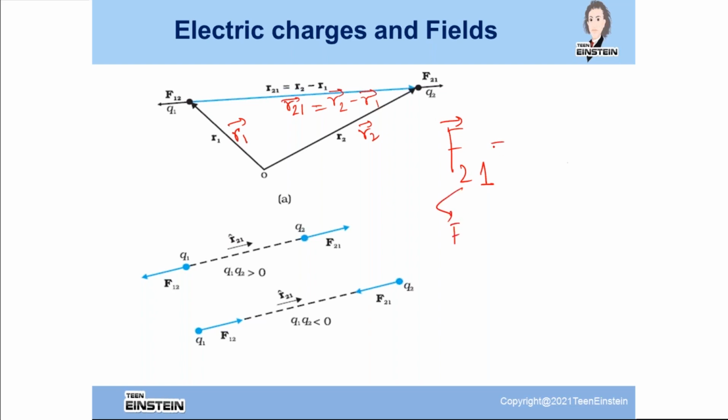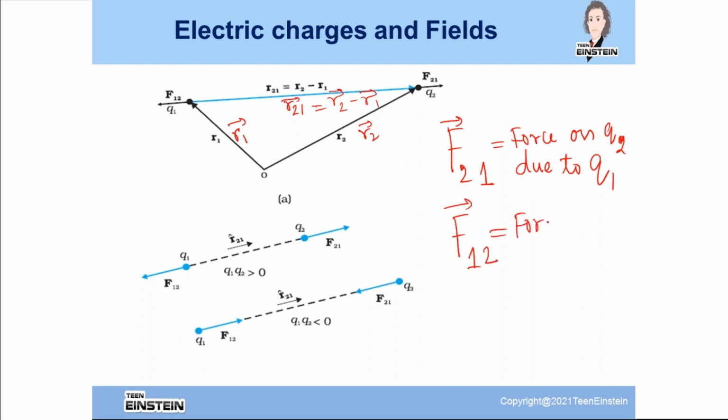So if I write the force on charge q2 due to charge q1, that notation is written as F21.